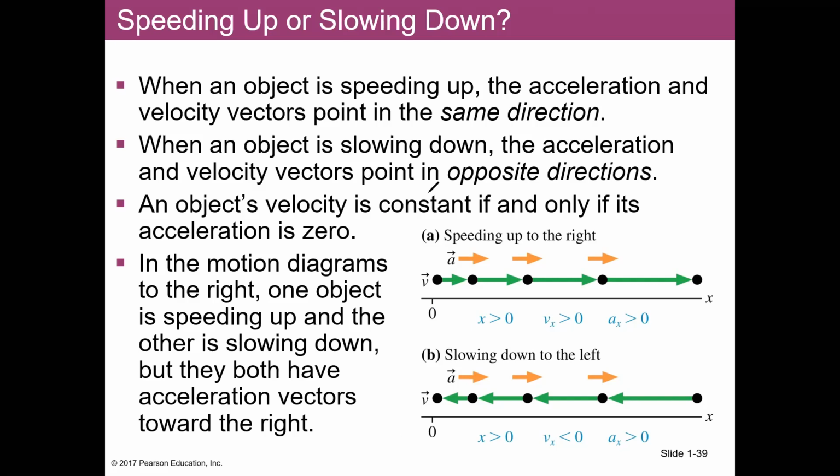Going back to the elevator example, when you're descending to the bottom floor of a building, once you hit that bottom floor, you're moving down, but you're accelerating up as you're moving down. And so when you decrease speed, you're always accelerating opposite your direction of motion.